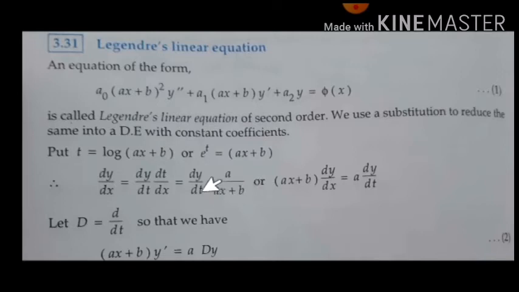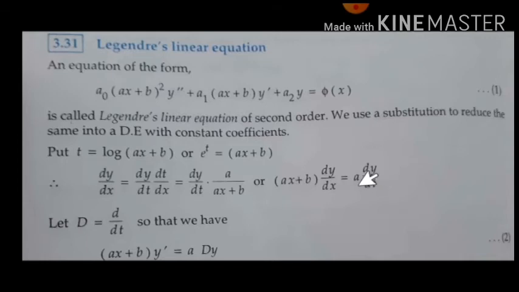Now if I bring this ax plus b to the left hand side along with dy by dx, what do we get? Ax plus b into dy by dx. What is left in the right hand side? A into dy by dt.